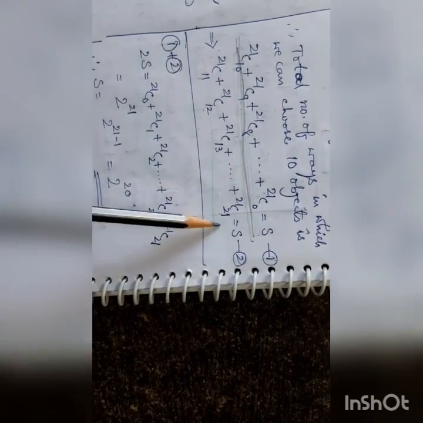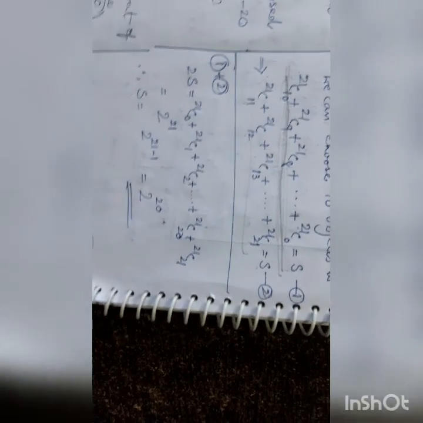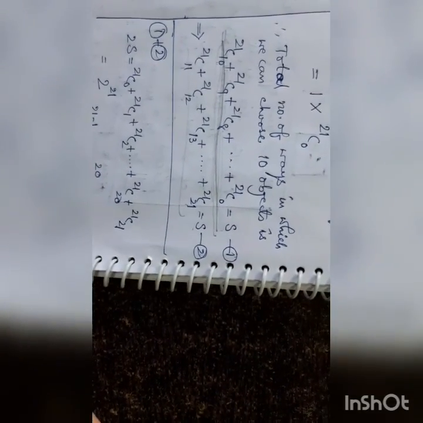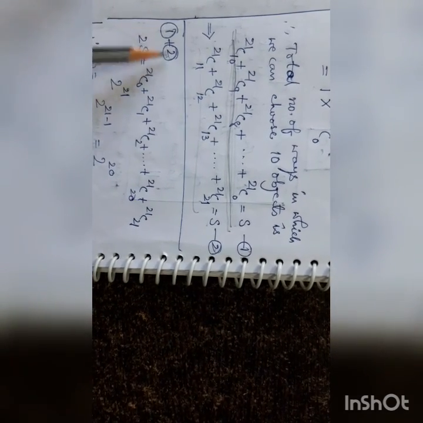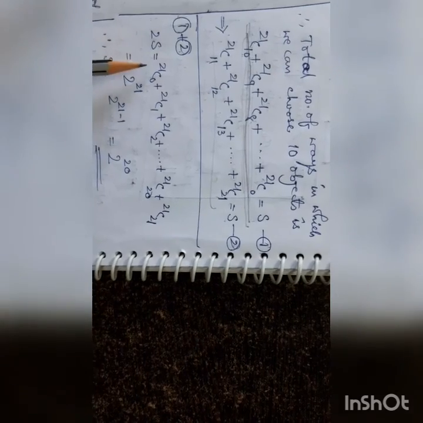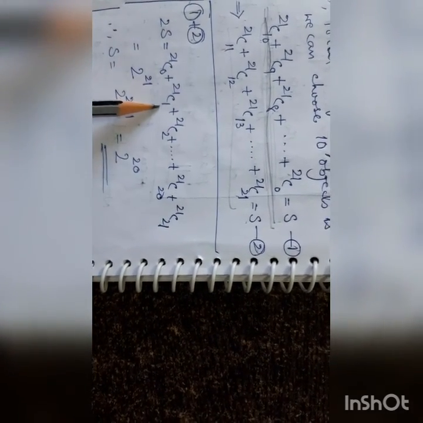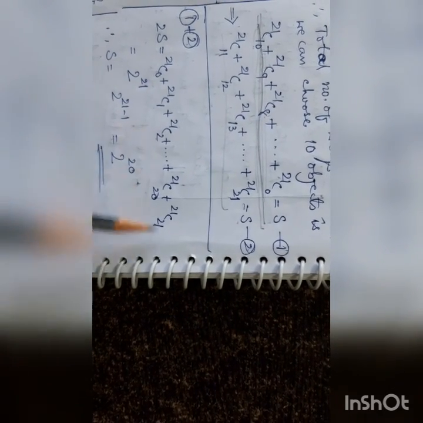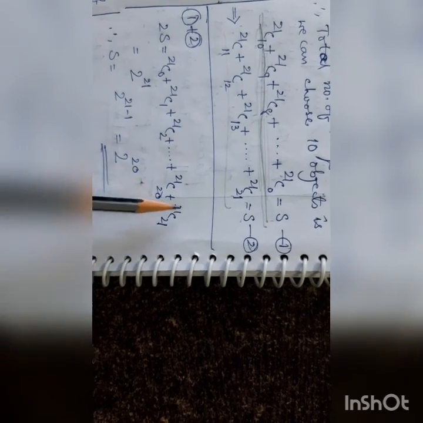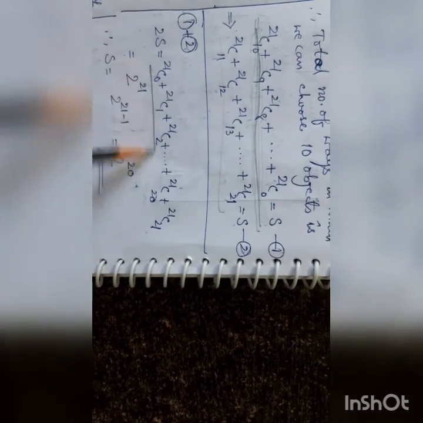Both are the same. We add equations 1 and 2. If we add 1 plus 2, we get 2S equals 21C0 plus 21C1 plus 21C2 and so on, plus 21C20 plus 21C21. There is one formula for this.